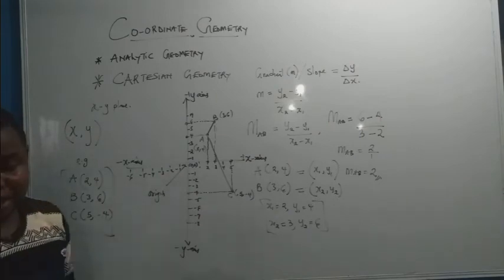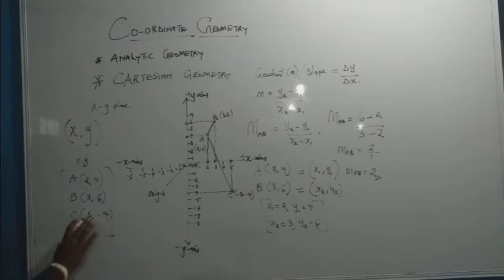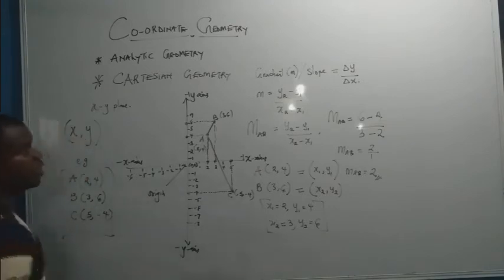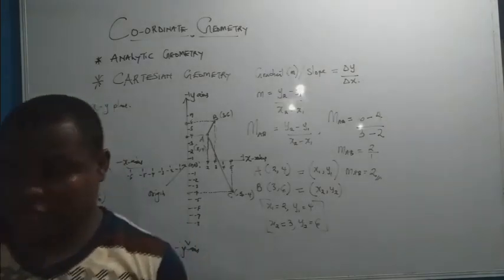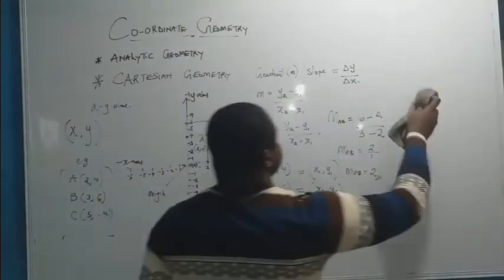Alright, so for your AC now, since you named this one x1, y1, and this x2, y2, but in this case now, we're taking the A and the C. So this will now be your x2, your y2. Let me write it here. I have to erase this.